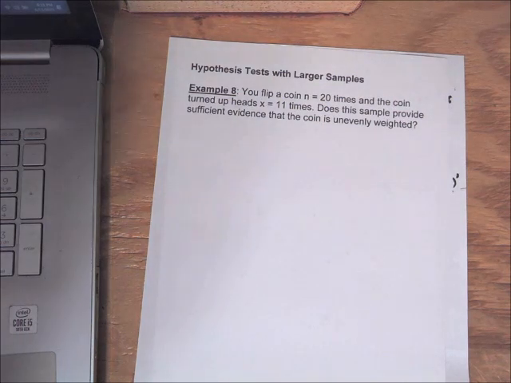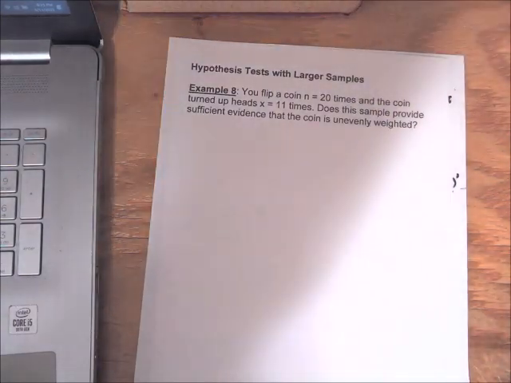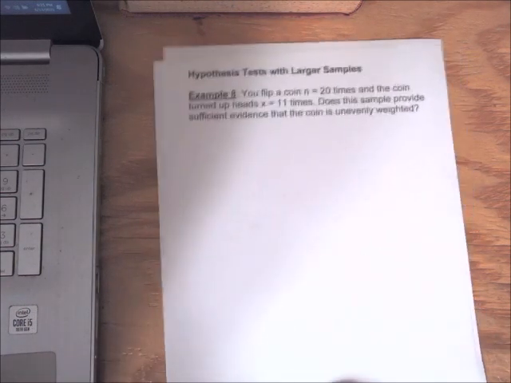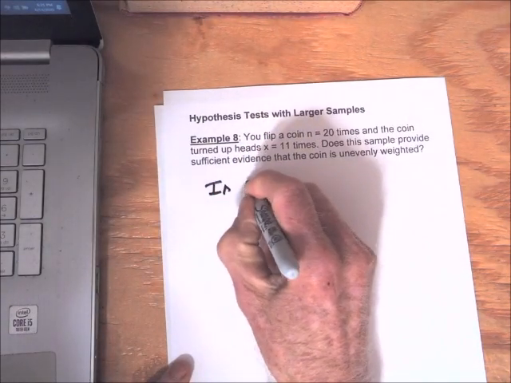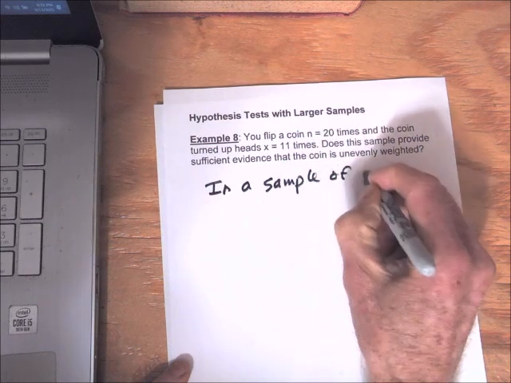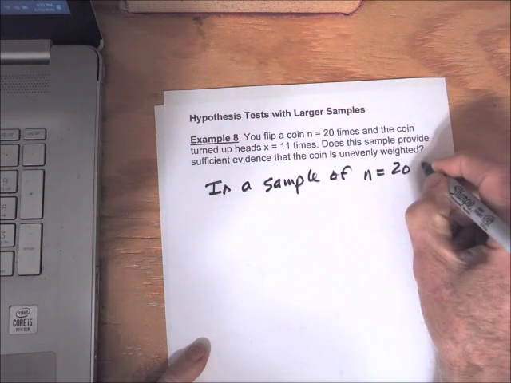Let's make a diagram again showing the relationship between the sample and the population. So we're using information from the sample to make predictions about the population. So we have a sample of n equals 20 tosses.